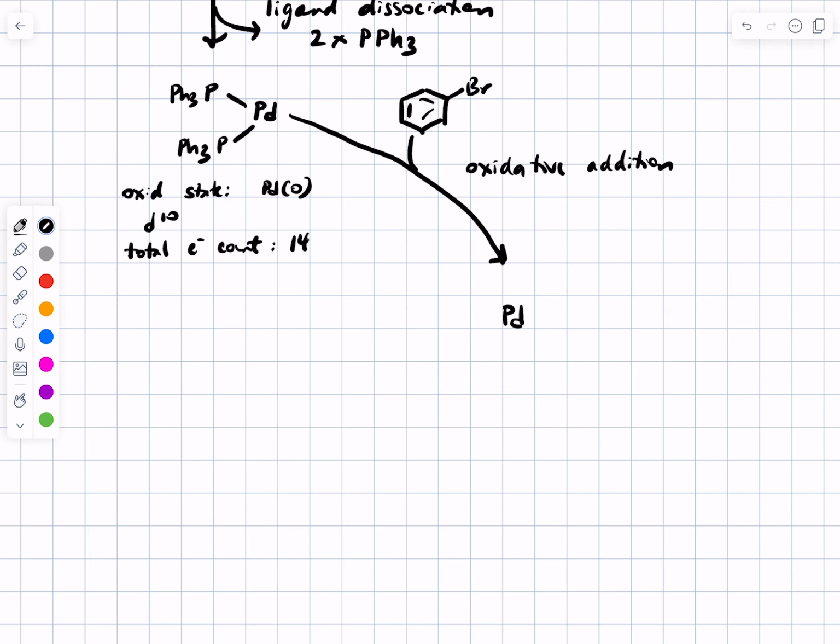After the oxidative addition step, I'm going to have a bond between the halide and palladium, and I'm going to have a bond between the carbon and palladium. So this is my aryl carbon, and now that aryl carbon is bonded to palladium. On the other side, I still have my two phosphine ligands.